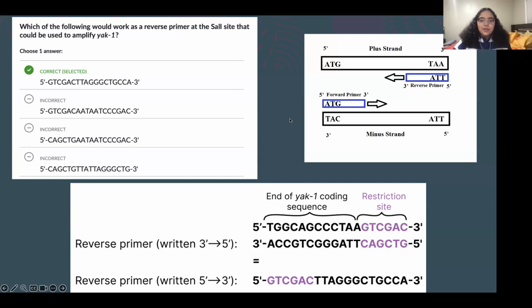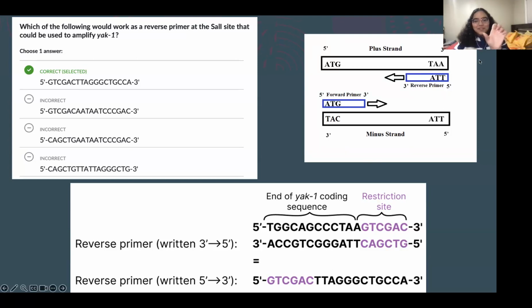So you have the Sol site sequence and also the YAC1. The graphic at the bottom shows this: you would need the end of the coding sequence as well as the restriction site in your primer to be able to incorporate the 2. Hopefully that explanation makes sense. So it would be that option.